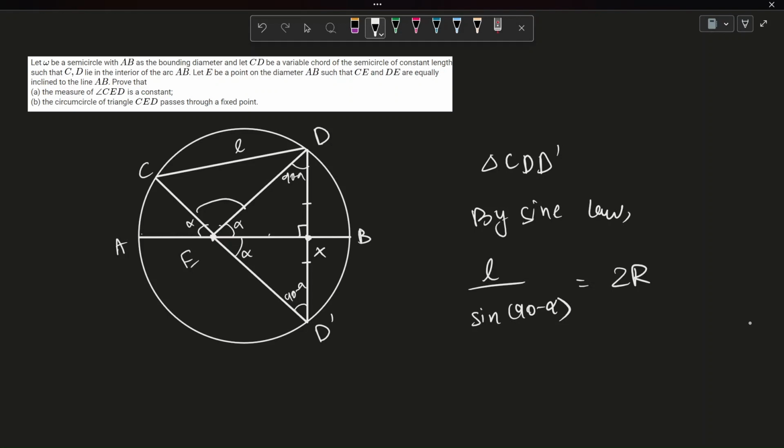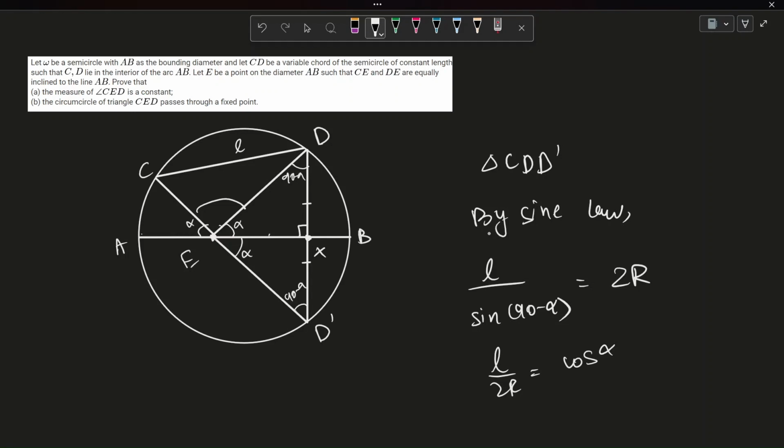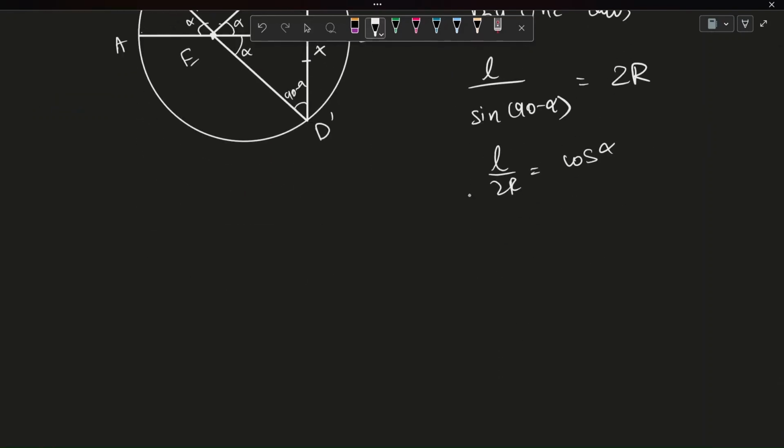So what this means is that L by 2R is equal to cos alpha.